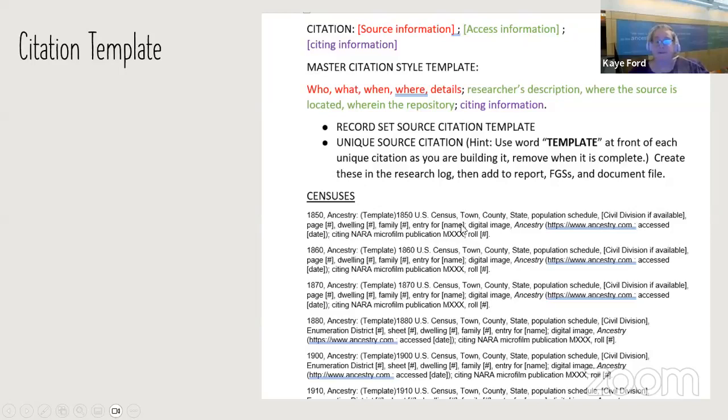And you can see that I've set these up for Ancestry, so I might have to tweak it if it was FamilySearch or somewhere else, but I popped this into the report and I changed the information where there are brackets, and that helps keep my citations consistent throughout my report.